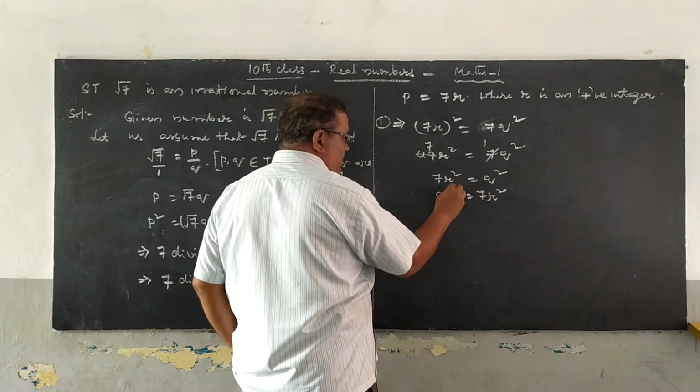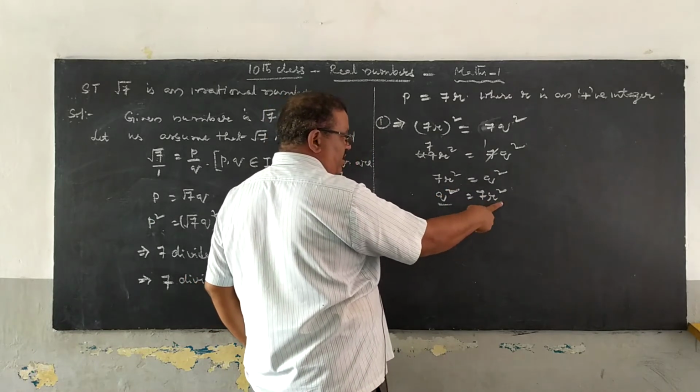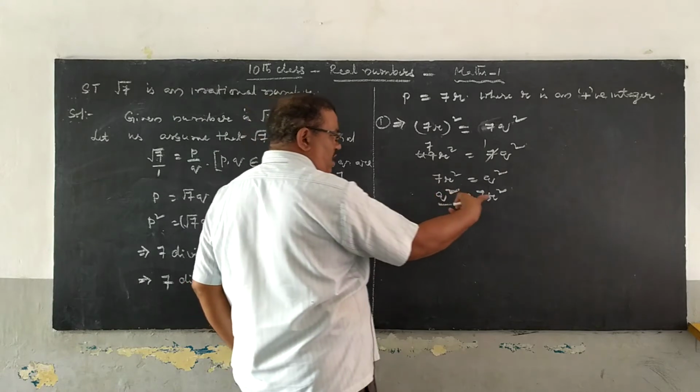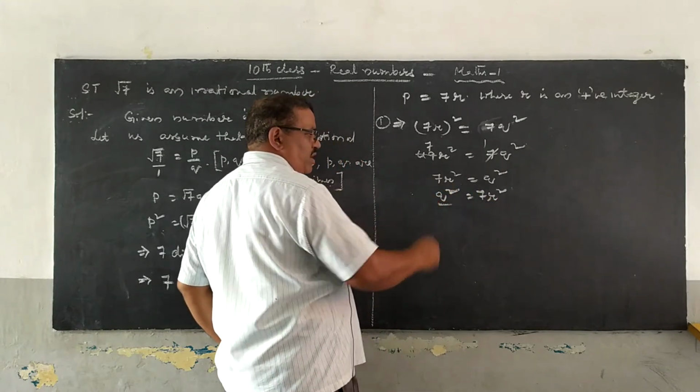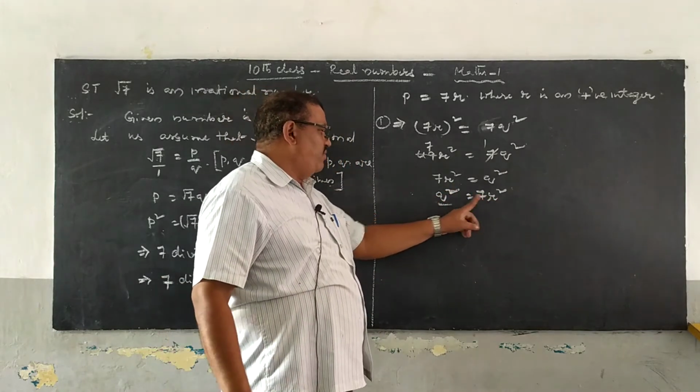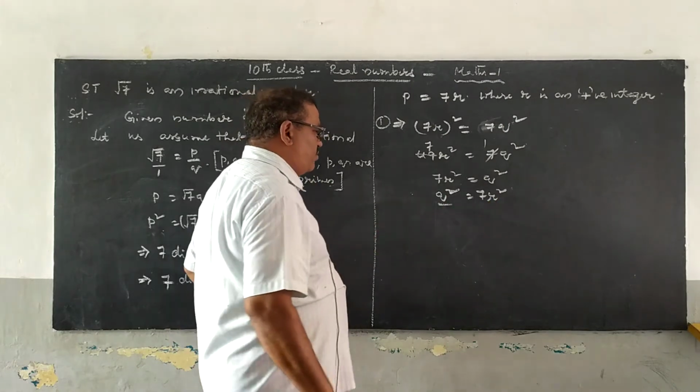So q square is the product of 7 into r square. 7 is one factor of q square, and r square is another factor of q square.